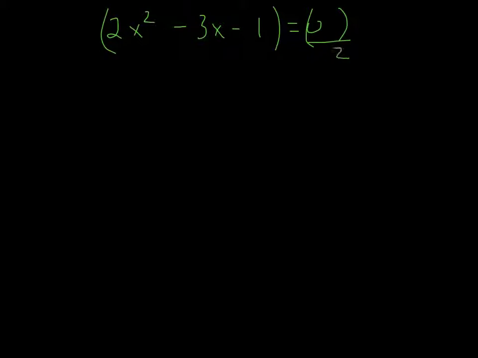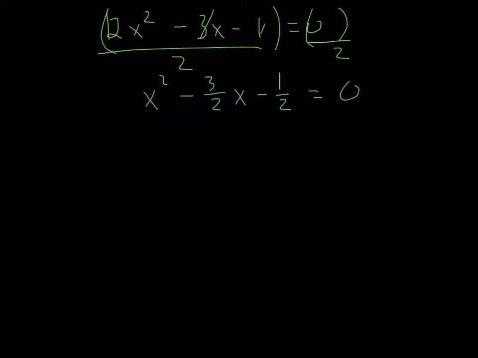You would divide everything, right? So that and that and that. So this 2x squared just becomes x squared, and then this becomes negative 3 over 2x, and then negative 1/2 equals 0 still. Okay, and then now you have it to where you can go ahead and do the completing the square.